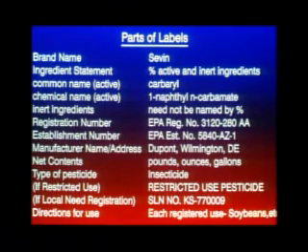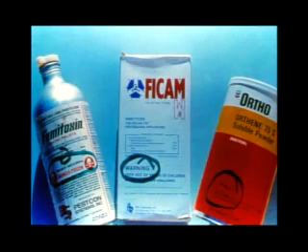There's also precautionary statements listed on the label, statement to the physician, information on disposal. We can't overemphasize, though it has become cliche to tell folks to read the label, but it's vitally important that you read and understand the label before you ever apply any pesticide.